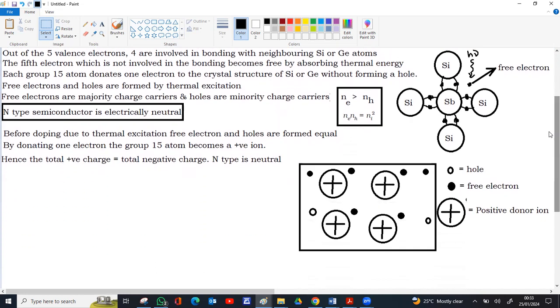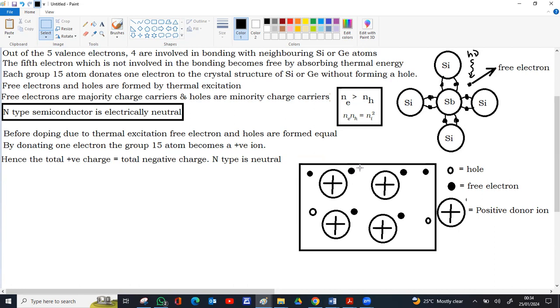Now, if it's not clear, the clarity comes from here. Before doping, there are free electrons and holes formed in equal number. This free electron and hole is formed before doping. This free electron and hole is also formed before doping. Now, when you dope, the group 15 atom releases one free electron.